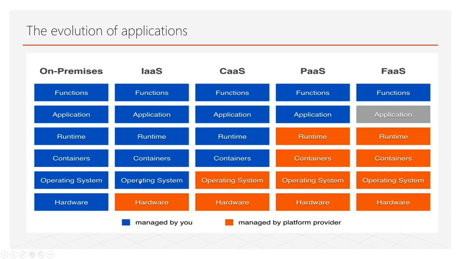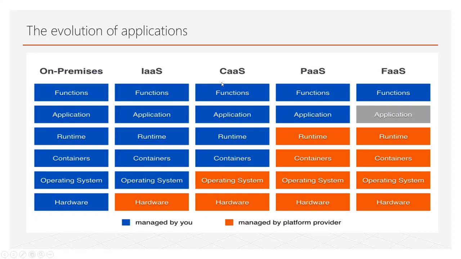Suppose you have a Linux operating system or a Windows operating system, you will be the responsible person to maintain the patches, to upgrade it, to maintain the entire applications. If the application has a huge amount of traffic, you have to maintain everything.